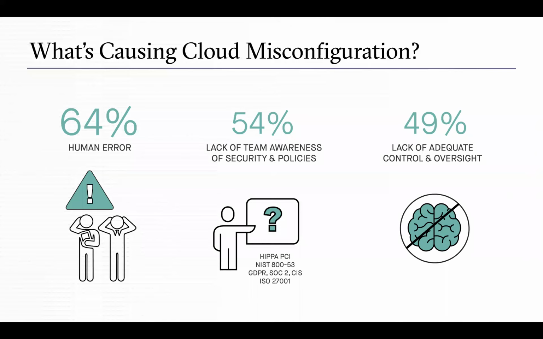So if you go to that middle column there, lack of team awareness of security and policies, and you look at that list, HIPAA, PCI, NIST 800-53, GDPR, SOC 2, CIS, ISO 27001, NIST alone, these are compliance standards. So these are collections of rules on how to do security and compliance on cloud and other places.